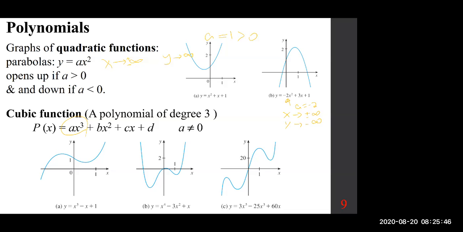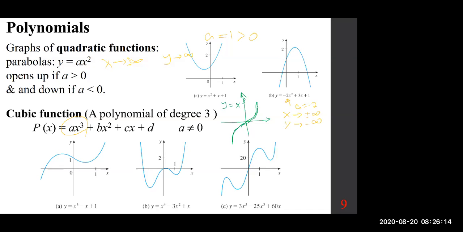So let me just give you the basic graph of y equals x cubed by using a different color here. If I have this function, roughly this is the graph of y equals x cubed.